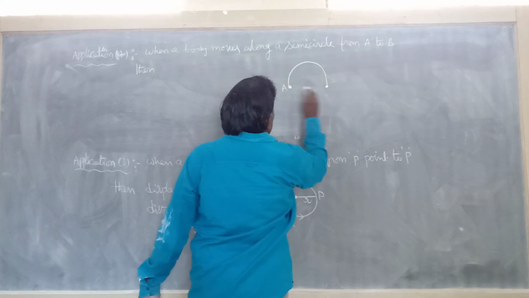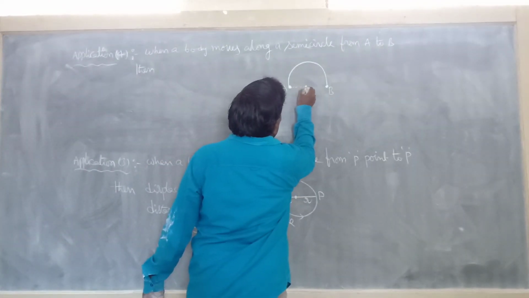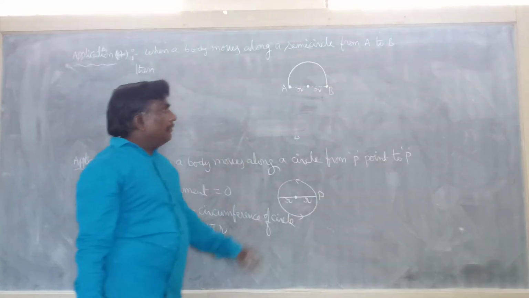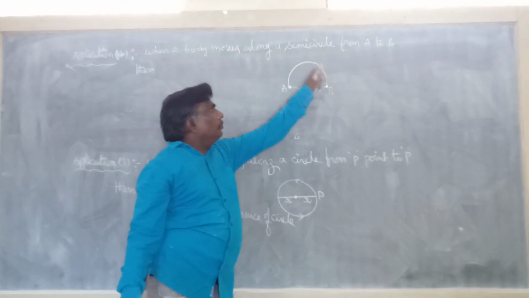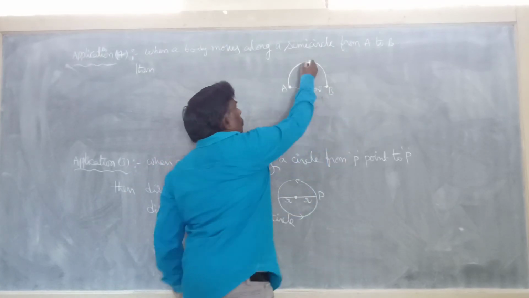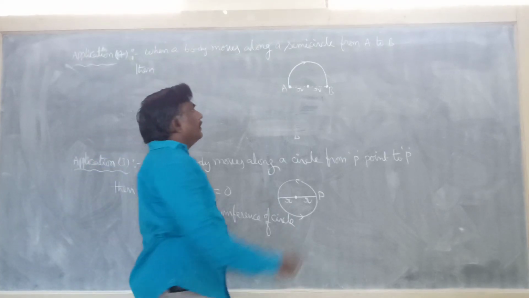This is A, this one is B. So here when the body moves along a semicircle from A to B, then what about distance? What about displacement?